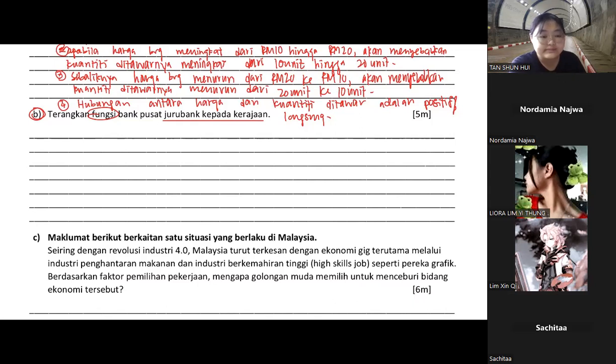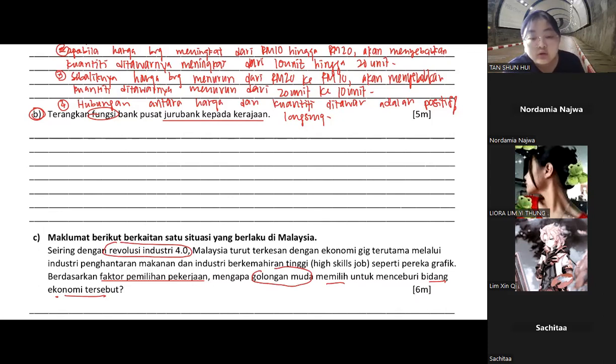Now, part C, they ask you, berdasarkan faktor pemilihan pekerjaan, mengapakah golongan muda memilih untuk menceburi bidang ekonomi tersebut? What economy do they choose? They tell you, because of revolusi 4.0, because of government policy, they want to move to industry 4.0.